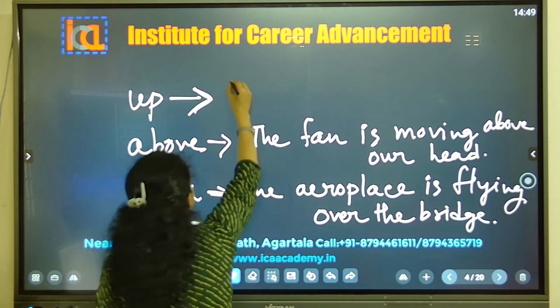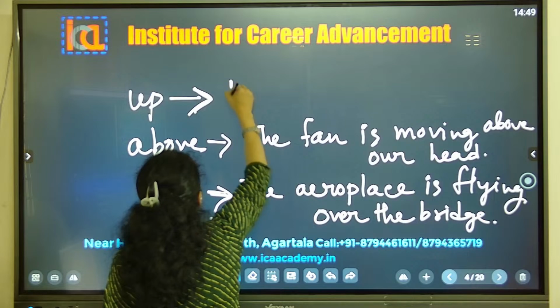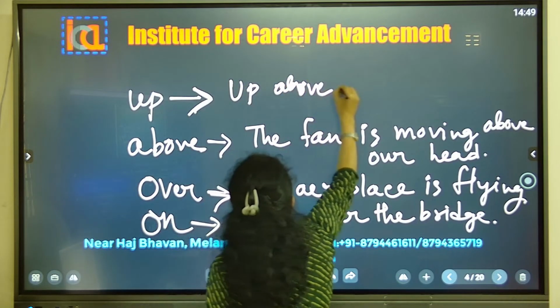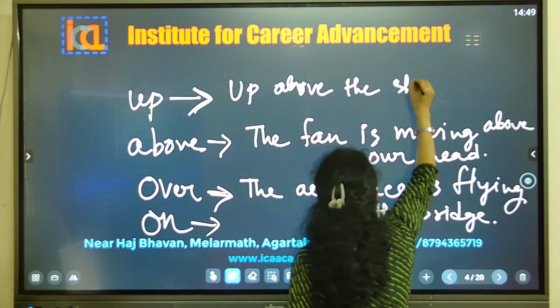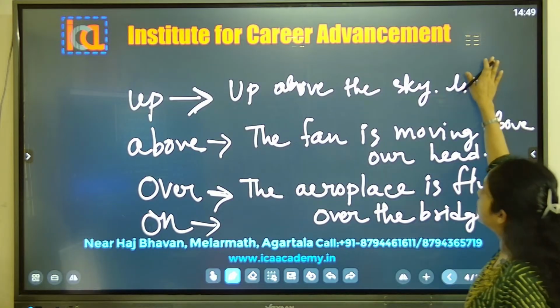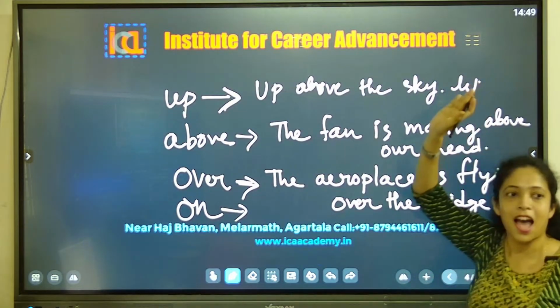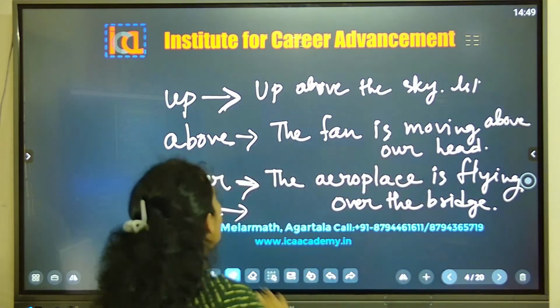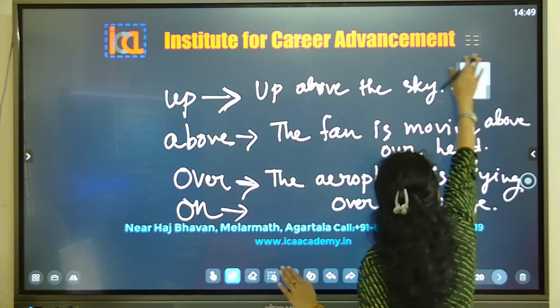One famous line is there, no? Up above the sky, up above the sky, like a diamond in the sky, twinkle twinkle little star, how I wonder what you are. Up above the world so high.